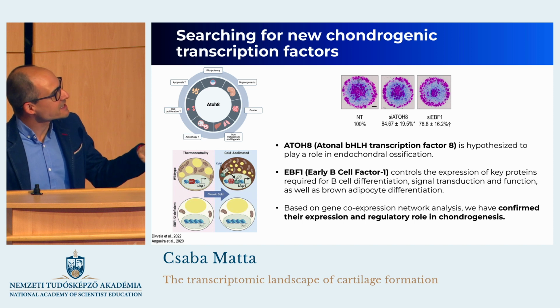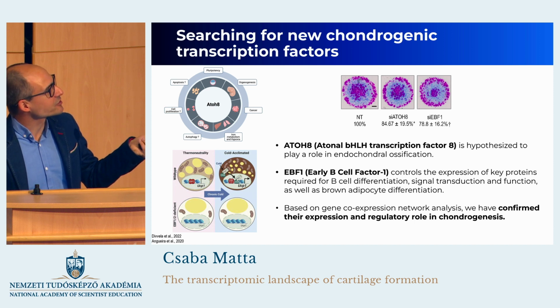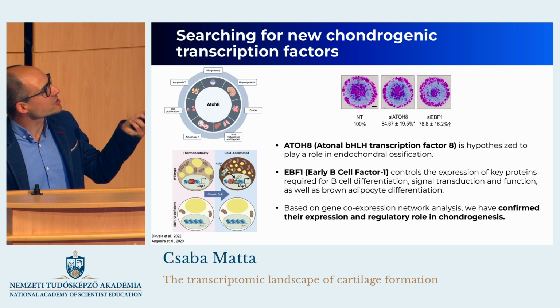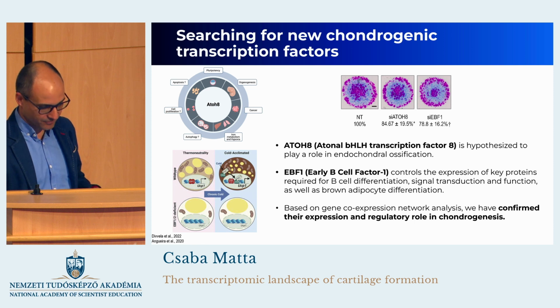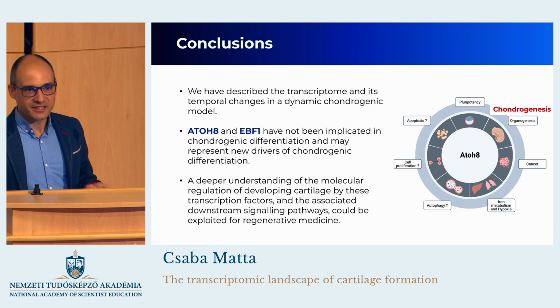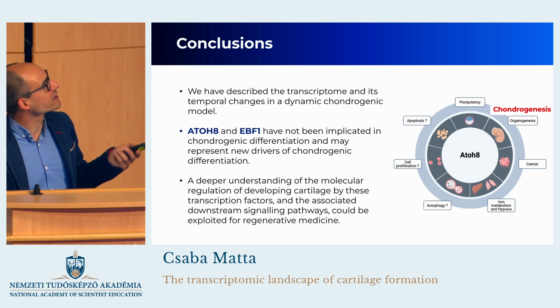So we did some analyses as well, and we confirmed their expression and regulatory role in chondrogenesis. So if we silenced any of these, then chondrogenesis was going down. But of course, the data set is there, so we are going to continue to look at these data, and we will hopefully identify some other regulatory targets as well.